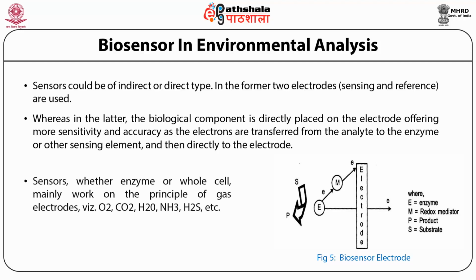Such types of sensors, whether enzyme or whole cell, have been widely used for the measurement of oxygen, carbon dioxide, water, hydrogen peroxide, glucose, ammonia, and hydrogen sulfide gas, based on the principle of gas electrodes.